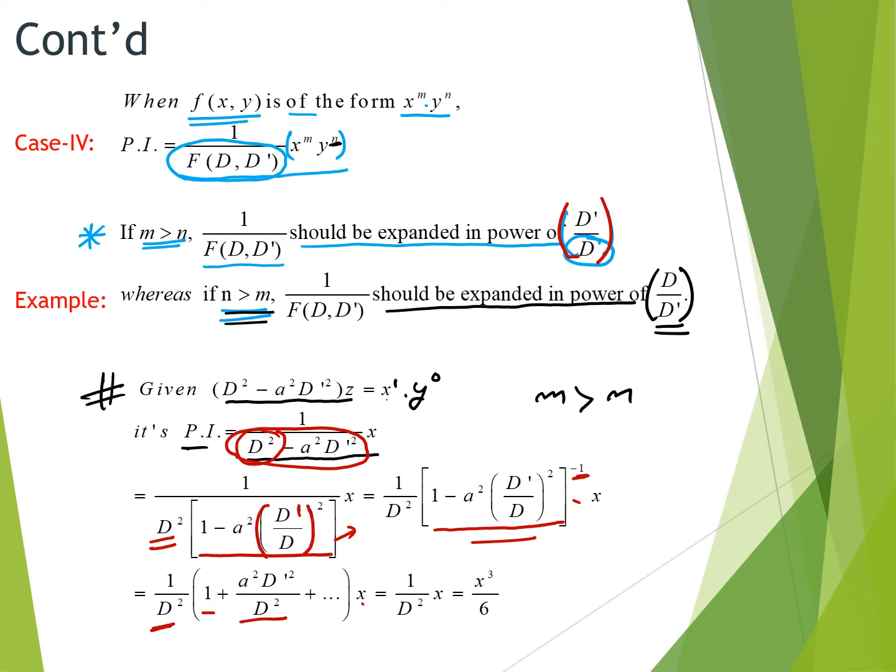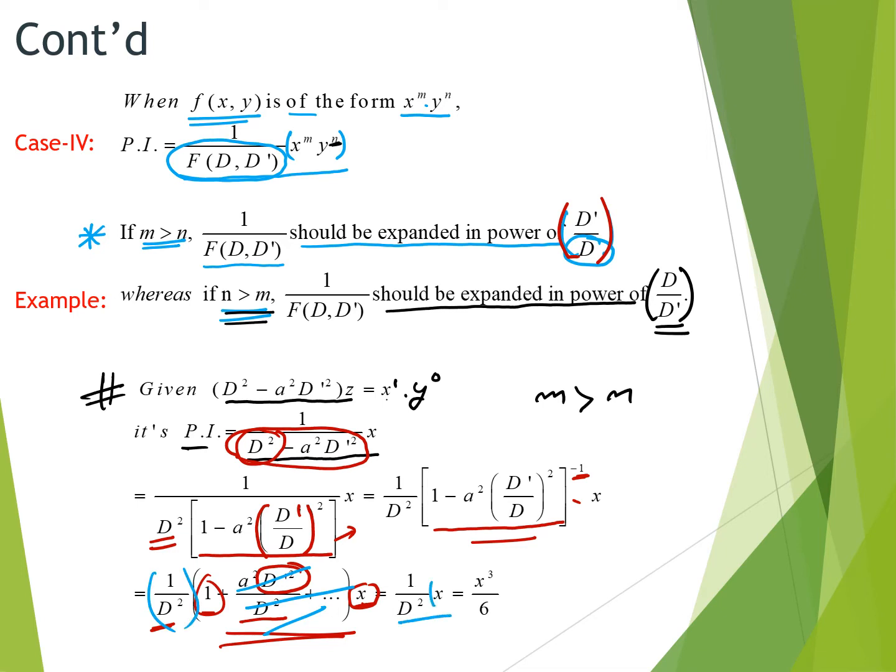When we multiply x with the terms of the binomial expansion, we get only x from the first term, because the differentiation of x with respect to y twice is 0, so the remaining terms are 0. All the terms after the 1 are neglected. Only x into 1 is remaining, and 1 by D square is outside the bracket.